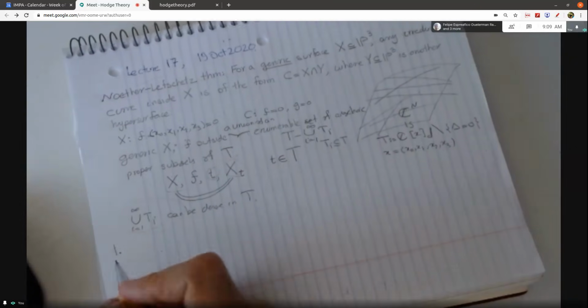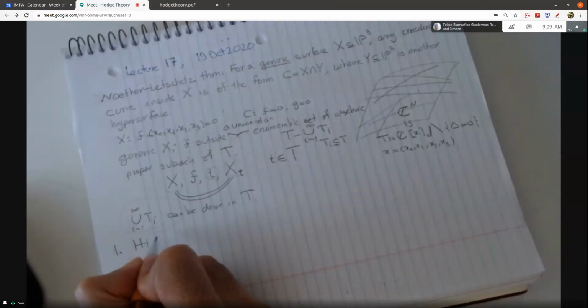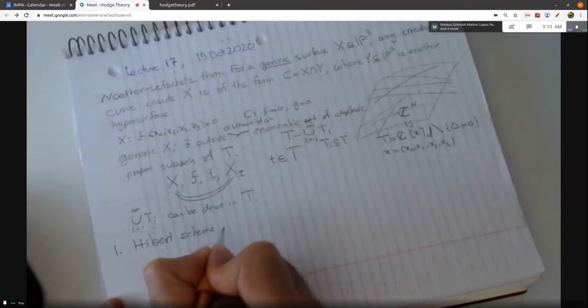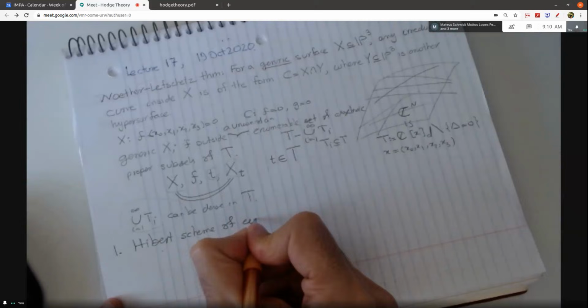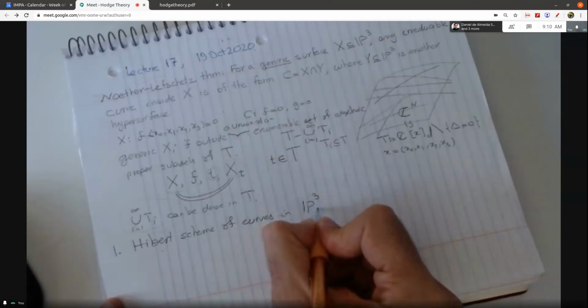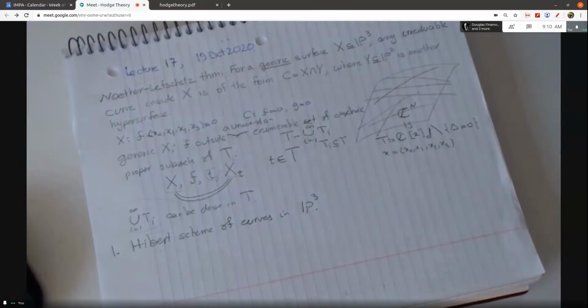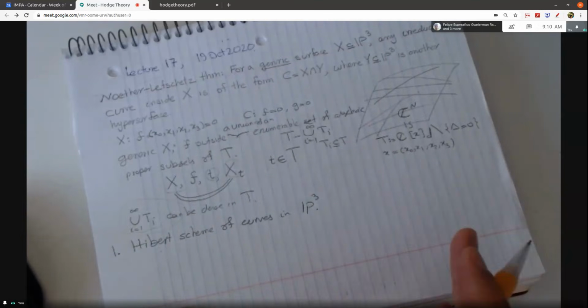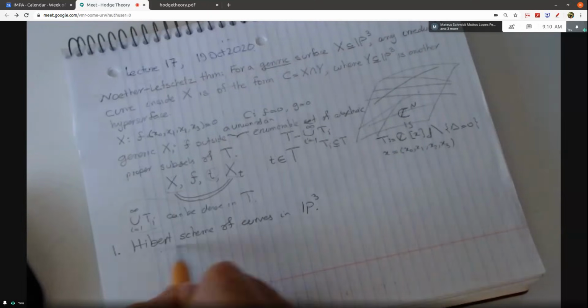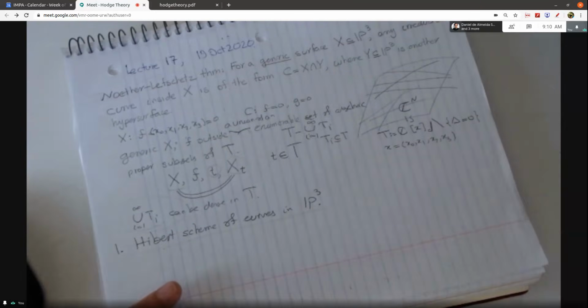What we first need is the concept of the Hilbert scheme of curves in P3. But I think we would waste a lot of time if we wanted to introduce these things exactly.